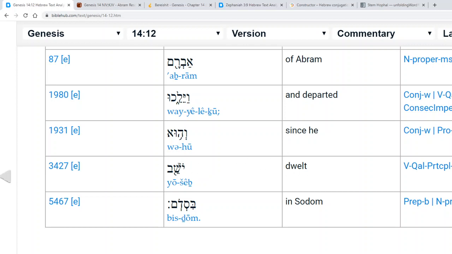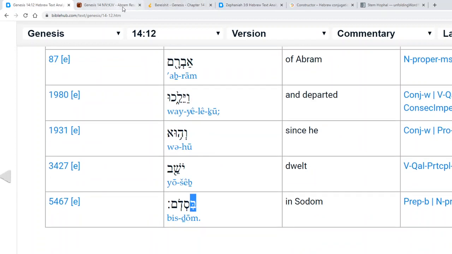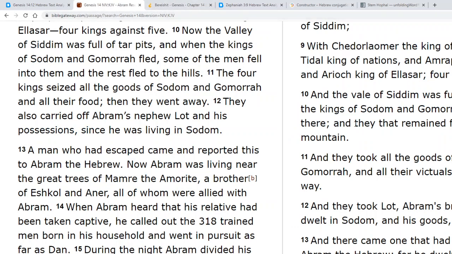I mean, I usually use settled. They're using dwelt. Bistom. So this is the prepositional bet, and stom is obviously in the name, and I think stom is always written bechisaron. So stom. Okay.